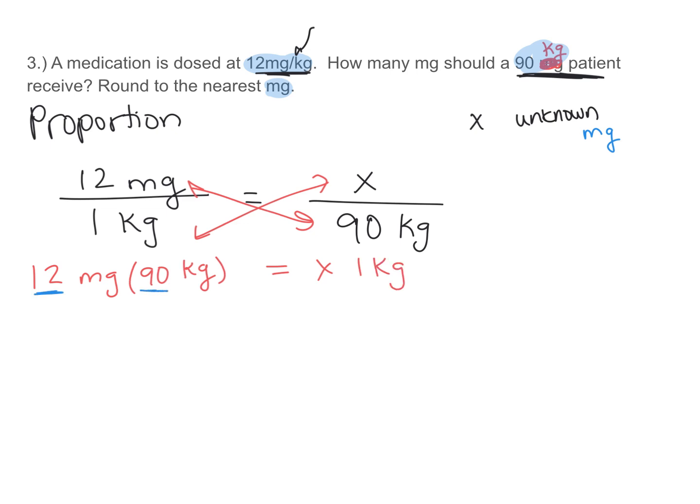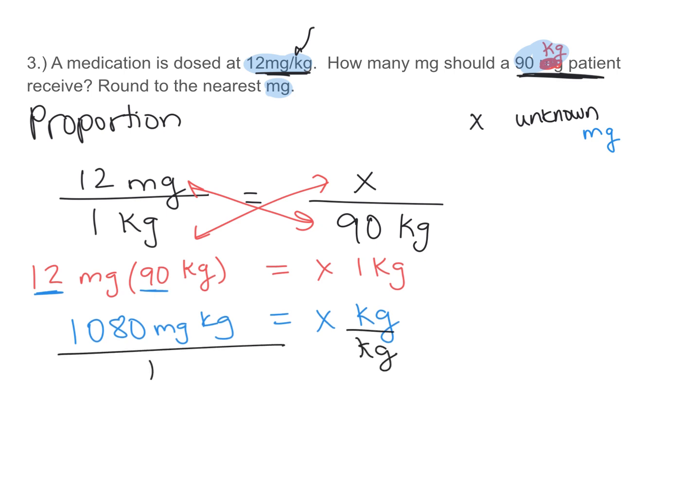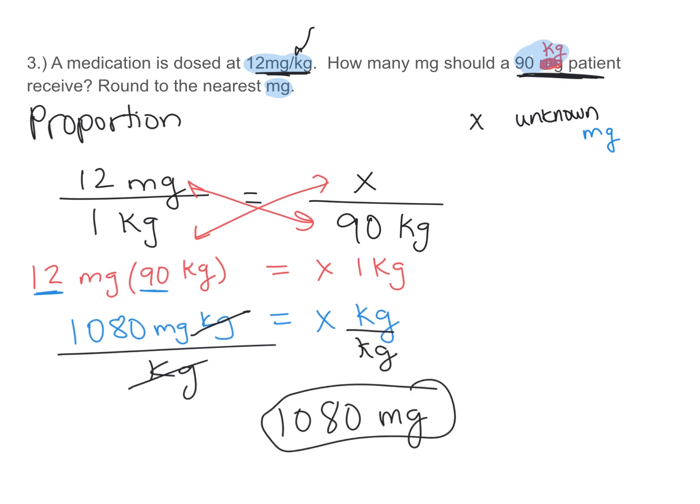And I'm going to multiply 12 times 90, which is 1,080. And then I really have milligrams kilograms is equal to 1 times X, which is just X kilograms. And then to get X by itself, notice I would divide both sides by kilograms, or by 1 kilogram if you want to think of it like that. The kilograms cancel out, and I'm left with 1,080 milligrams. And in my case, it was already rounded to the nearest milligram, so I would just be done.